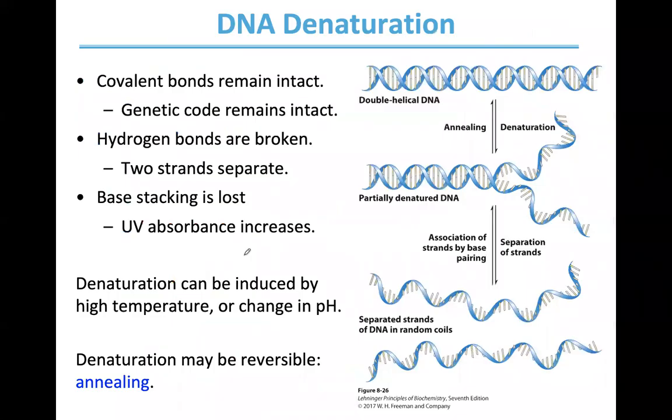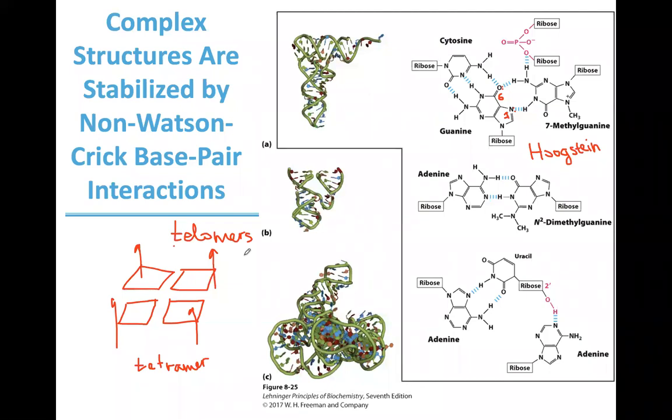Alright, so does the Hoogsteen require the N7 and O6 because adenine doesn't have an N7 and O6, or would it only happen in guanines? So Hoogsteen base pairing. So you're asking what other bases can participate? Yeah, because you said it usually involves the N7 and O6, or does it have to?